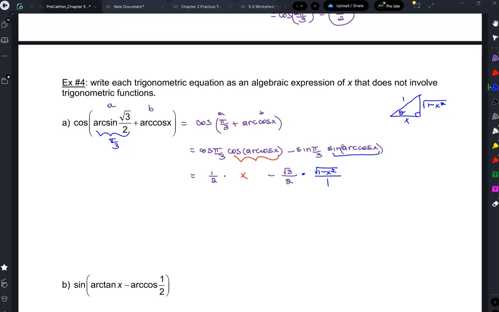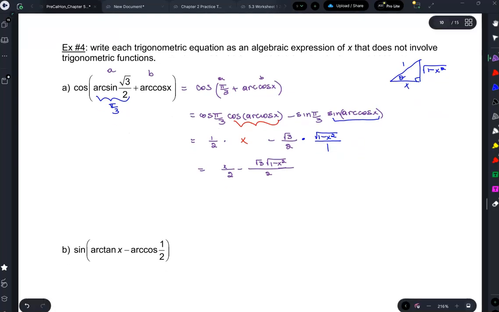Okay, so now x over 2 minus root 3 times this over 2. But we don't leave it like this. You want to multiply the two roots.